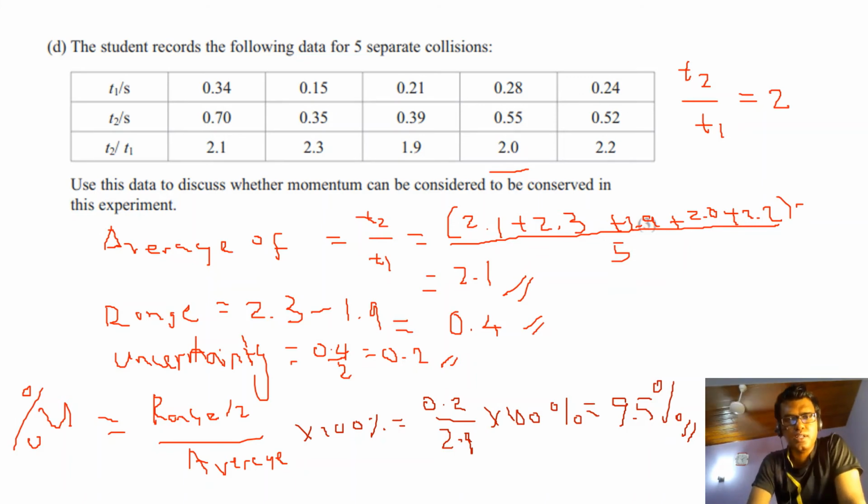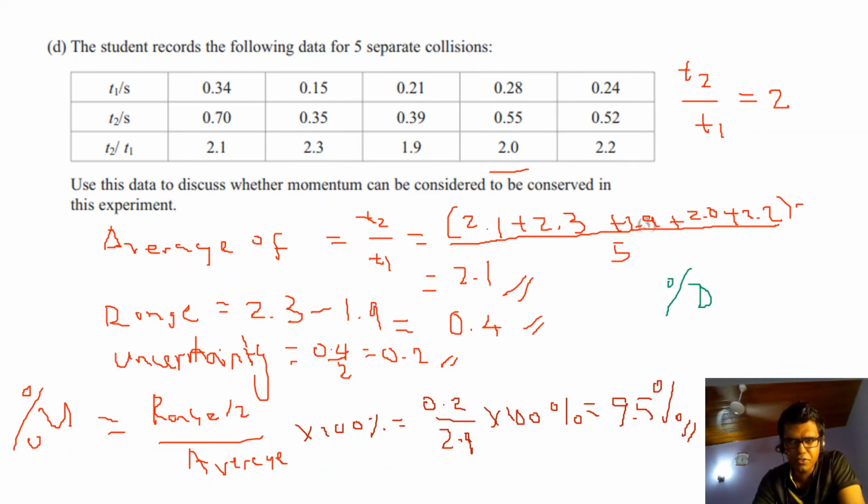Right. Now what else do we need to do? We found the uncertainty. Now what is our expected value? 2. Then we are going to find the difference using the expected value and the calculated value. How do you find the difference? The difference is the expected value minus the value that we have calculated.